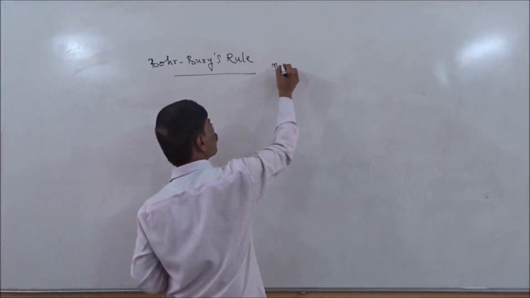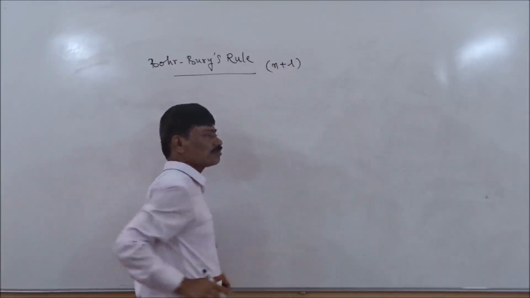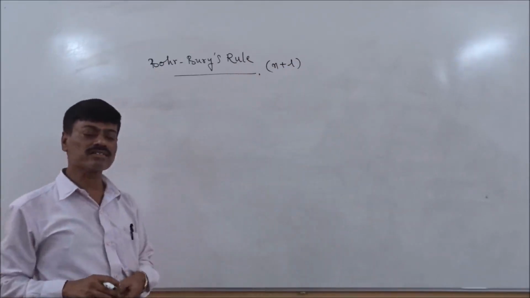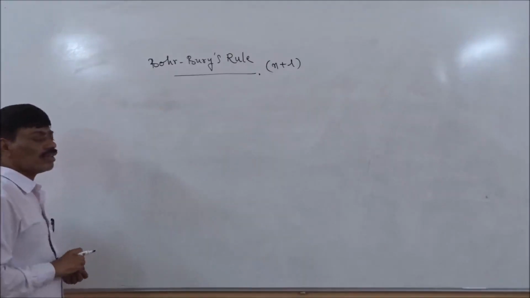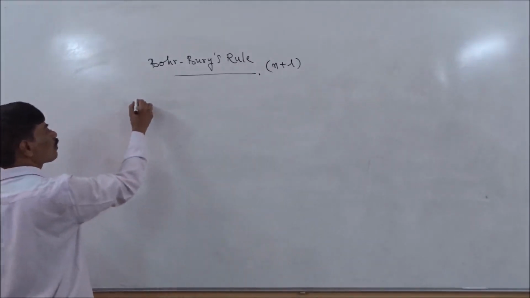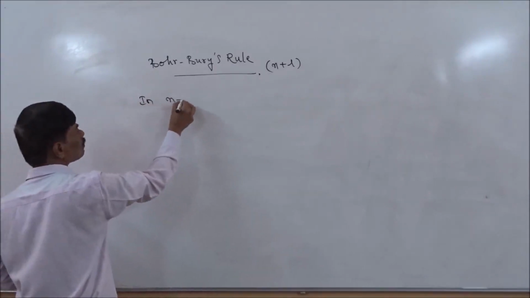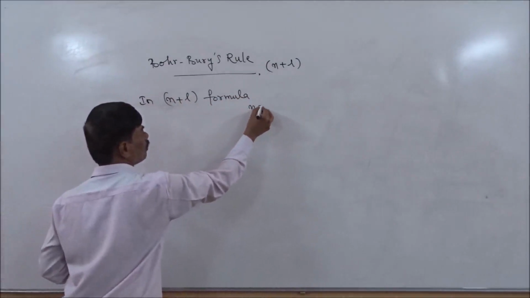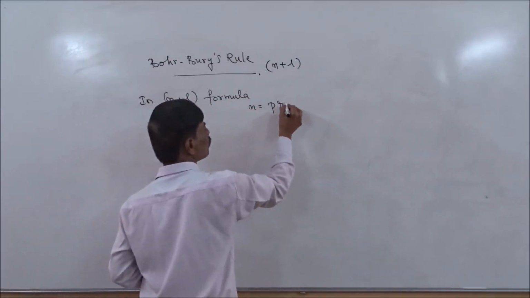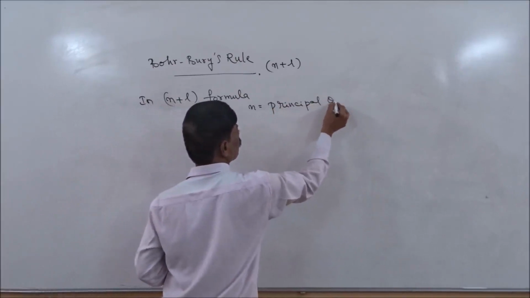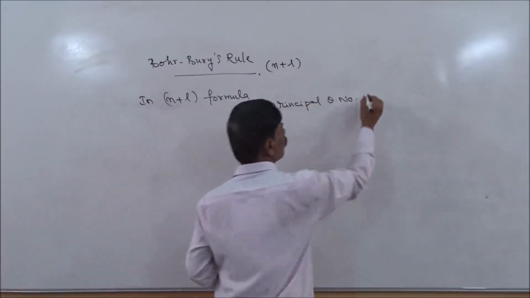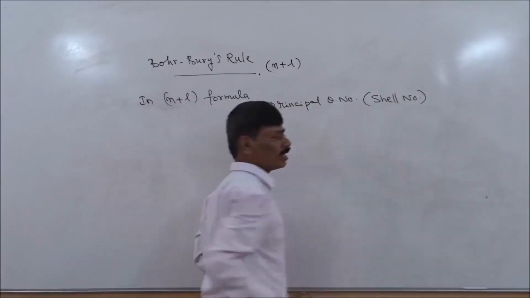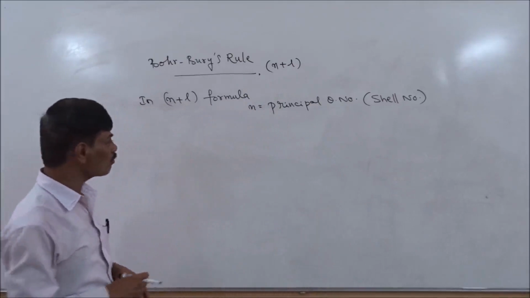This is also known as the N plus L formula. In this, N represents the principal quantum number, and L represents the azimuthal quantum number. N is the principal quantum number, also called shell number, shell value, orbit number or orbit value.